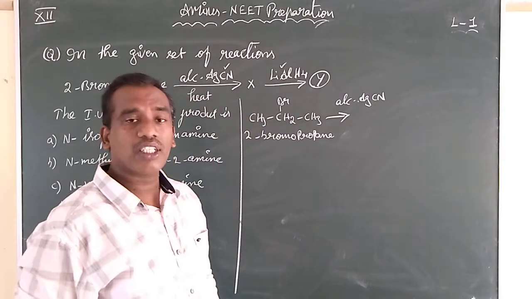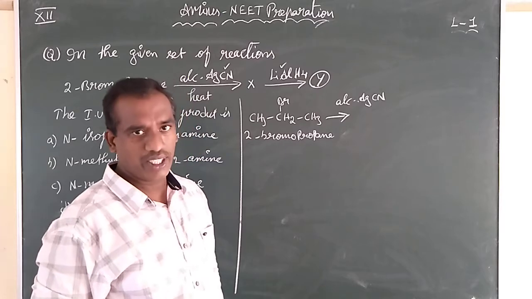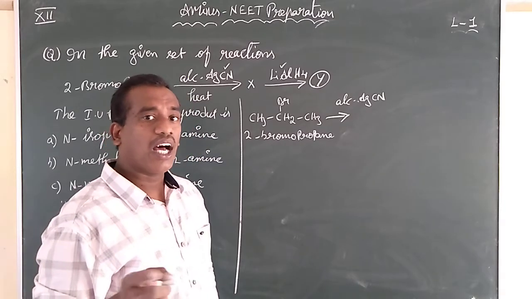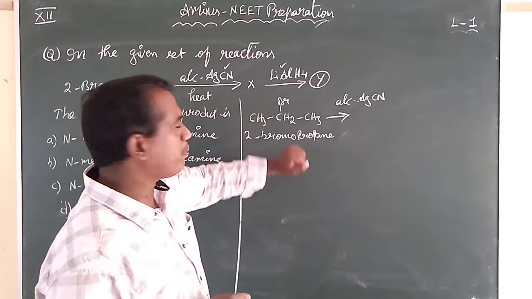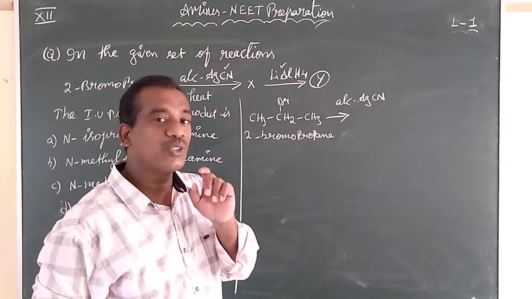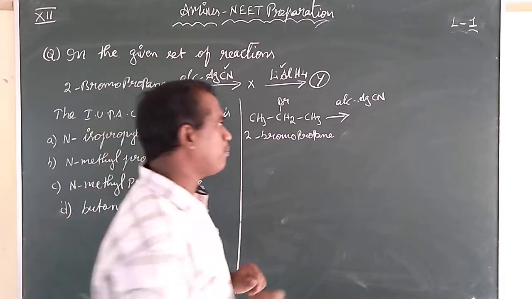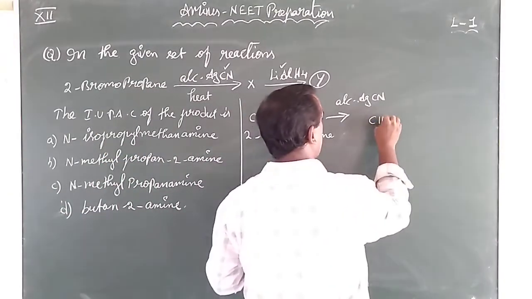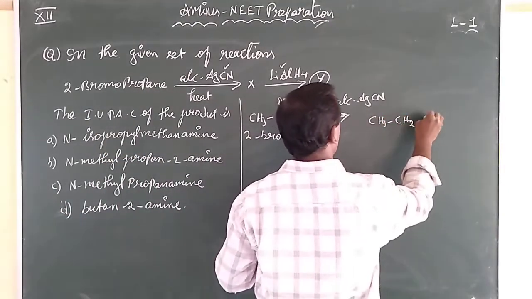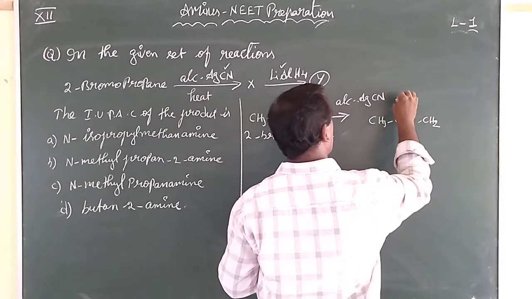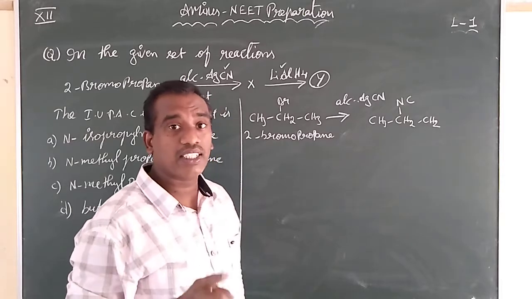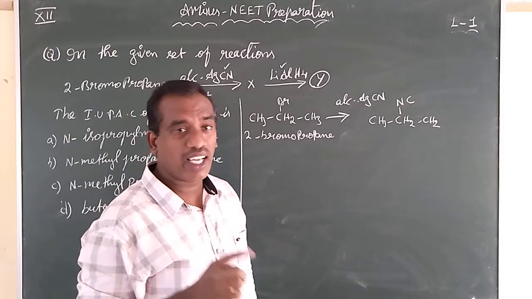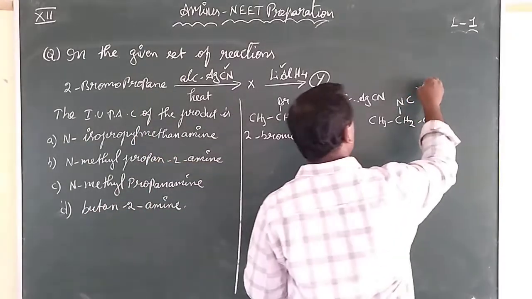Do you remember, children, in the chapter haloalkanes and haloarenes, once we use alcoholic silver cyanide, the halogen will be replaced by the isocyanide group. Don't forget that. Very important. Most of the children write cyanide, but it is isocyanide.